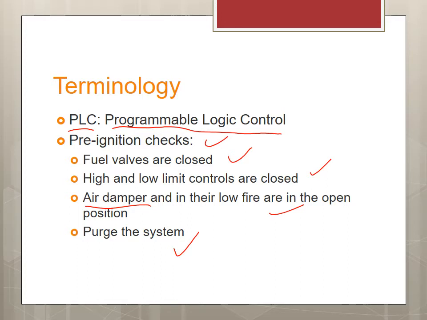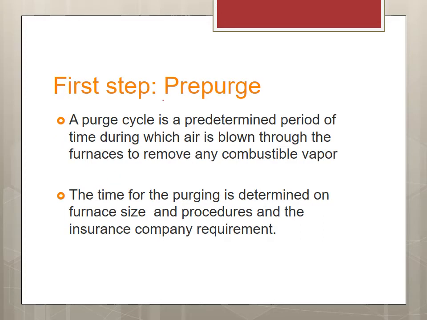The first thing it does is the purging process. It's a pre-purge, and I will talk about that. The pre-purge cycle is meant to empty the chamber. For a given time the blower motor will turn on by itself to push air inside the chamber, and if we have an induced draft, we can pull air to empty the chamber from any residual smoke, flue gases, or even to cool off the boiler a little bit before we start firing again.